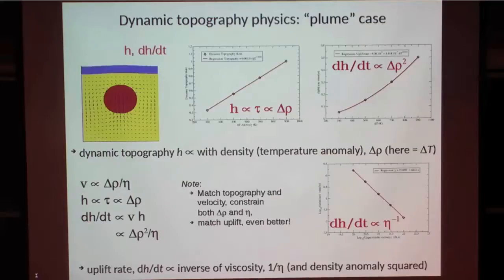So if you can measure topography and time change thereof, which is really hard, you can solve for density and viscosity. Or if you match the plate velocities and the topography, you can get at both the density and the viscosity. So this is neat, and yet to be explored really to a larger extent in terms of the time change of topography.